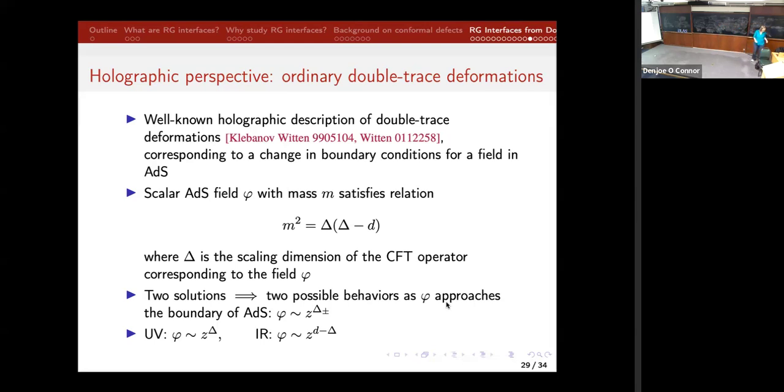So we either have the field, as it approaches the boundary of AdS, going like z to the delta, or z to the d minus delta.